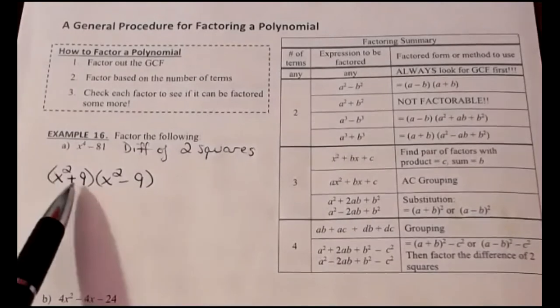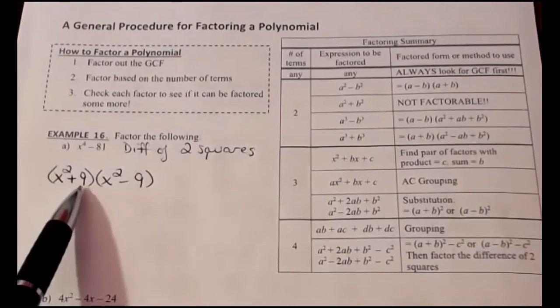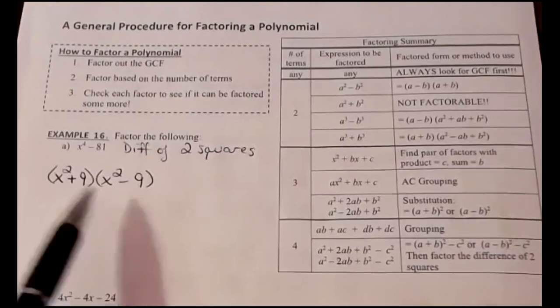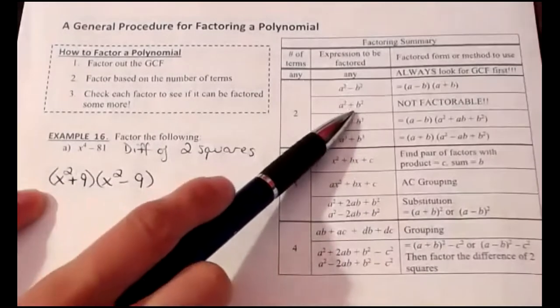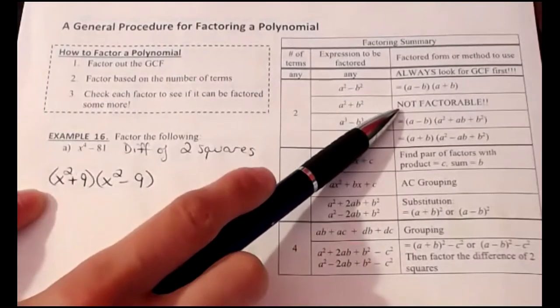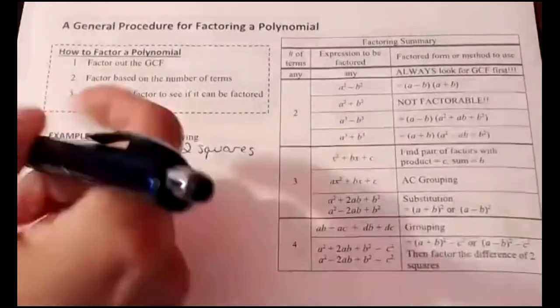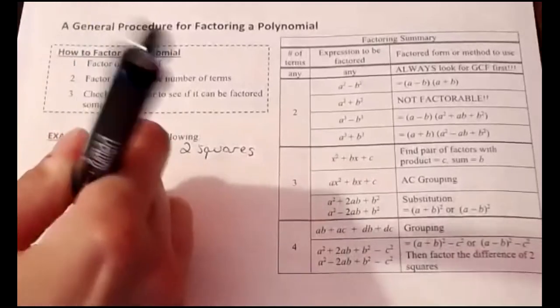So we look inside each of these factors and determine, can we go further? I want you to notice x squared plus 9 has this form here, which we notice is not factorable. So we're going to leave x squared plus 9 exactly as is.